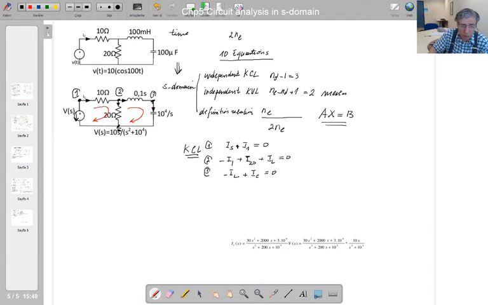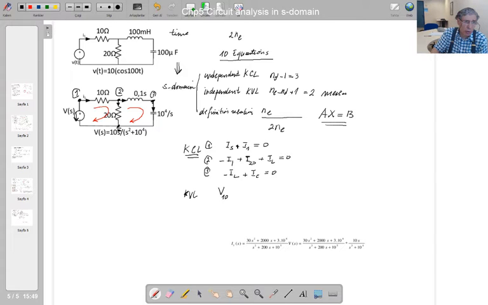What about KVL? So we are going to write KVL equations for the meshes. That's the first mesh, that's the second mesh. For the first mesh, all the elements' voltages in this mesh, sum of them is going to give 0. So V10, what's going to be the sign?